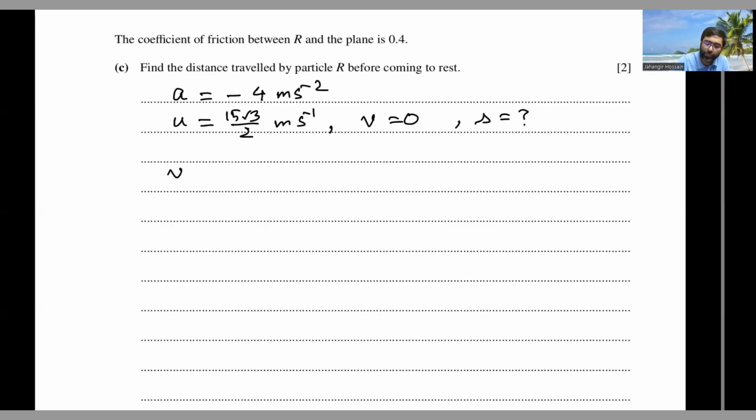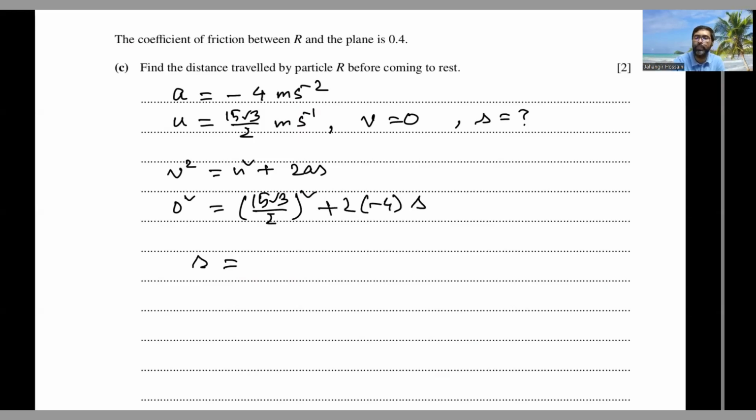The equation is v squared equals u squared plus 2as, so 0 equals 15 root 3 by 2 squared plus 2 into minus 4 into s. So s, the distance traveled before coming to rest, is 21.1 something. If you correct it to one decimal place, it is 21.1 meters.